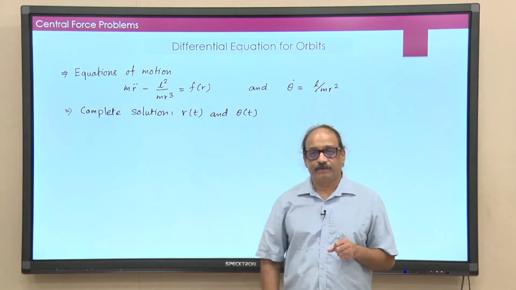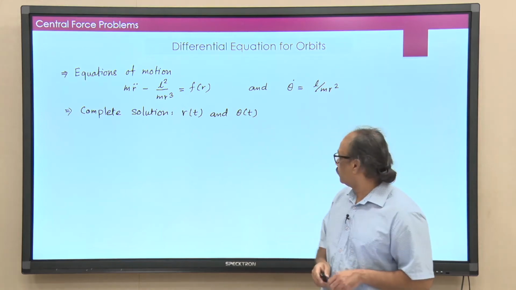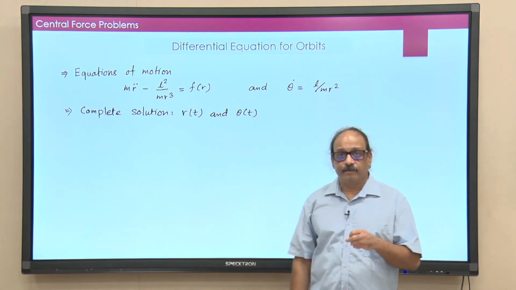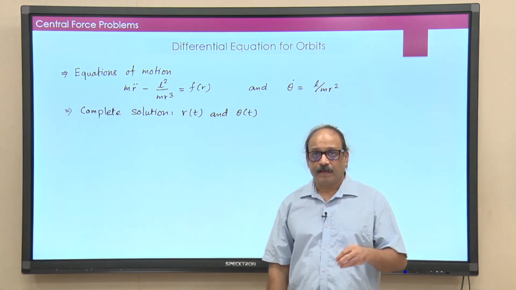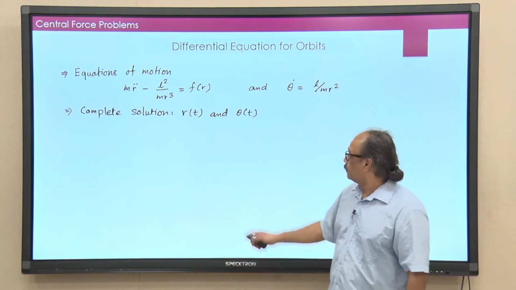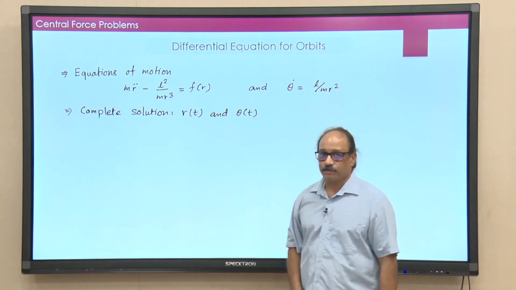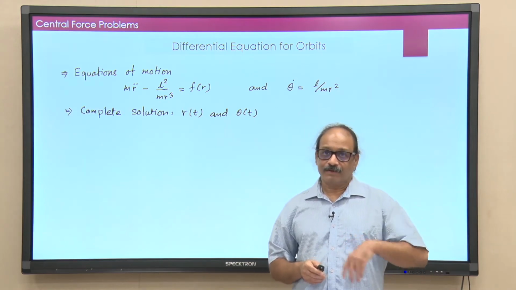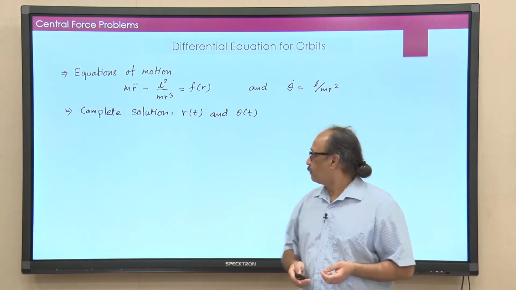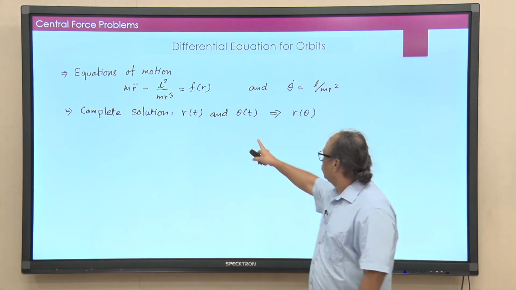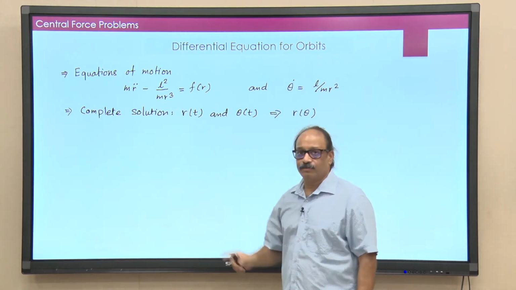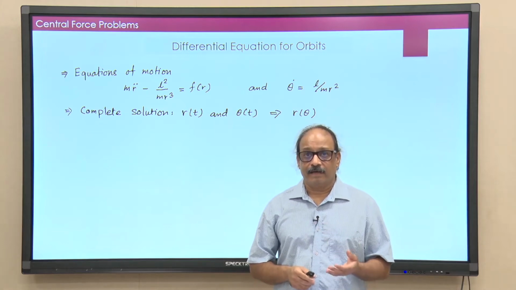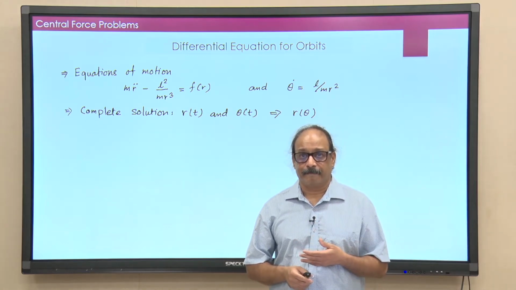Of course, we will supply the initial conditions: the angular momentum, the total energy and the starting point, and you get the complete solution. Once we know the complete solution, we also know the orbit. What we do is simply eliminate t from these two functions and get r directly in terms of theta.